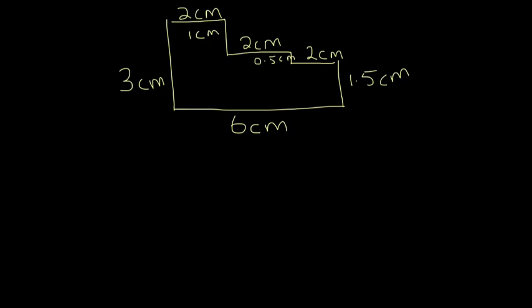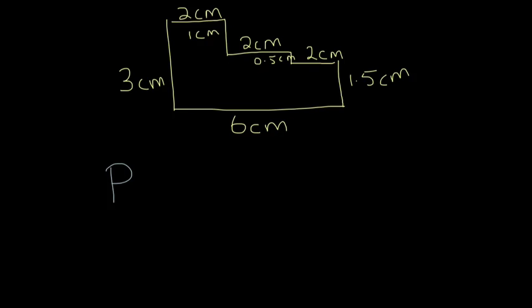Okay, so now we have our irregular shape with all the sides identified. Are they all in the same unit? Let's double check. Centimeters, centimeters, centimeters, centimeters, centimeters, centimeters, and these 2 are in centimeters. So yeah, I have them all in the same unit. So now I'm ready just to add them up.